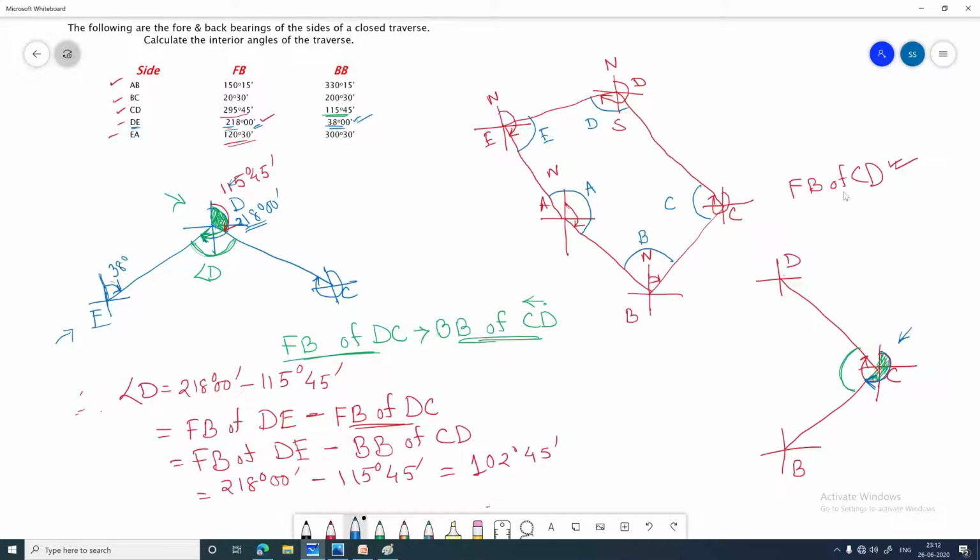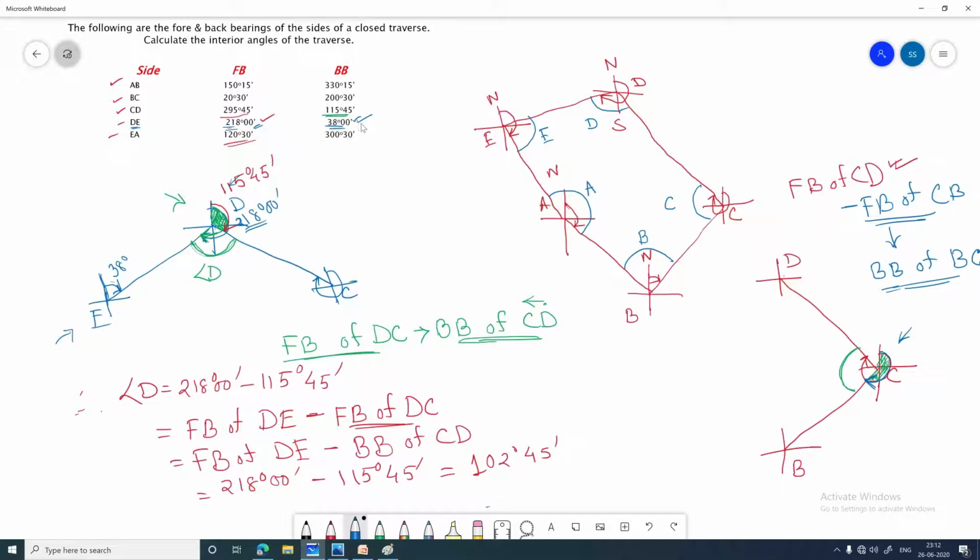Now forward bearing of CB means what? Back bearing of BC. In any case, the forward bearing of CB, if you change this side, the forward bearing becomes back bearing. Okay, now definitely we know the value of back bearing of BC.